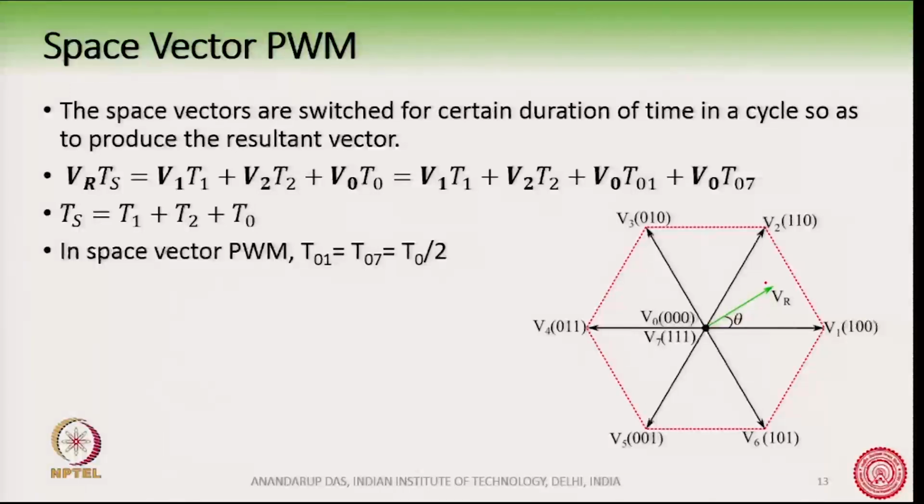Okay. So, for example, if this is the resultant vector, we see that it is lying in sector 1. If it is lying in sector 1, then V0 or V7, V1 and V2, these three are the vectors which are enclosing this resultant vector Vr.